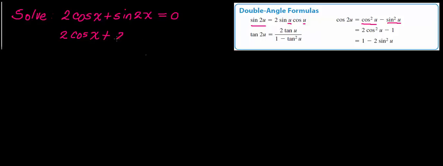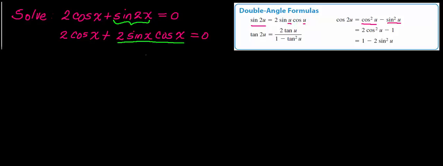So it's going to be 2 sine of the angle, and in this case my angle is x, times the cosine of the angle, which is also x, equals 0. So the only thing I've done here is my first step: I took sine of 2x and I rewrote it using the double angle formula as 2 sine x cosine x, like it says here.